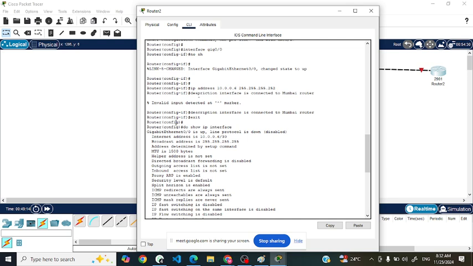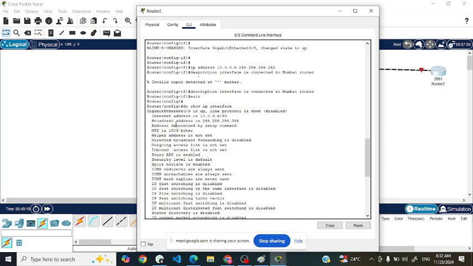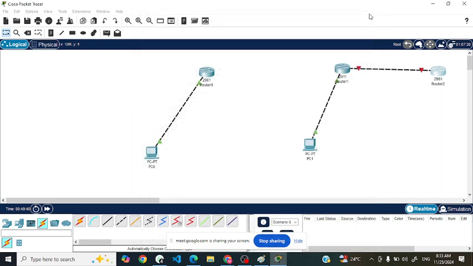Actually, the line protocol is down. The neighbor router's interface is down. Yes, that's right. That's why. These are the troubleshooting steps.